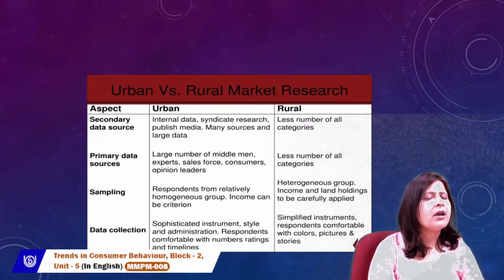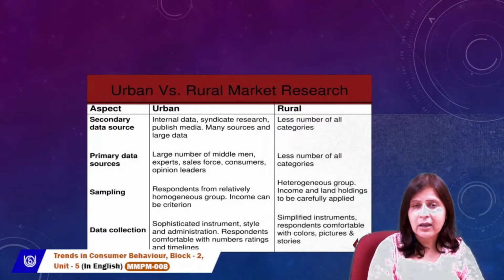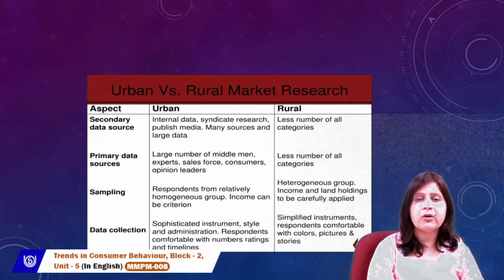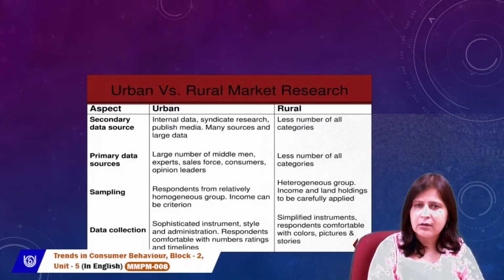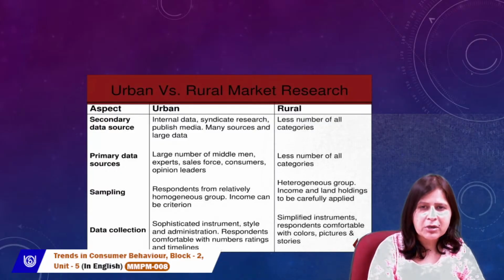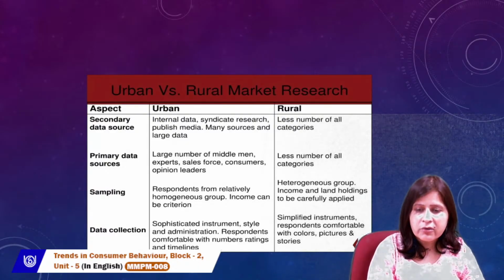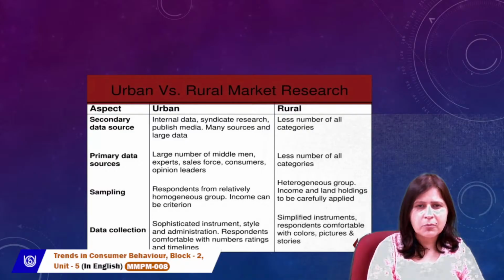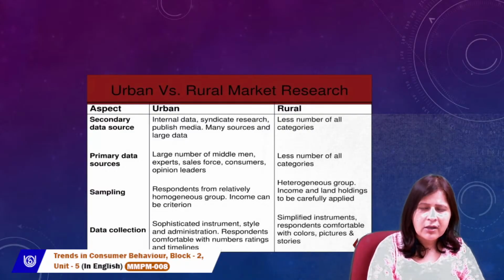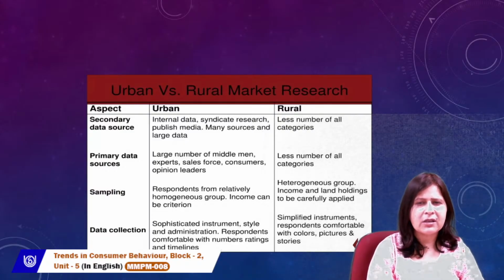Because different people have different demands, and why are they different? Because of differences in their income, differences in their perspective, differences in their usage of the product, right? So in rural areas, normally groups are of the heterogeneous type.